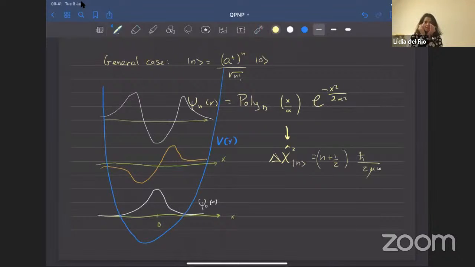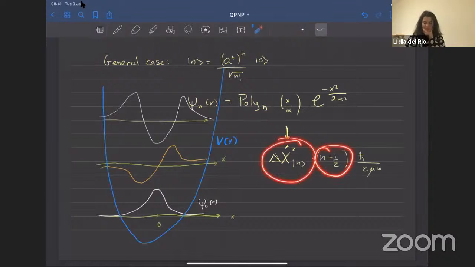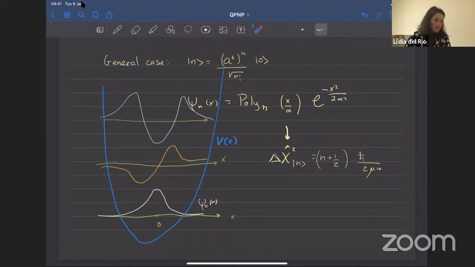So it means that the variance, the dispersion in position, grows. Well, the square of the dispersion goes linearly in n, so the dispersion itself grows with the square root of n. So for these low energy states, we can still find it quite confined inside the box, right? That's why we can trap ions, which are the size of atoms, and we can be pretty sure where they will be if you measure a few seconds later.